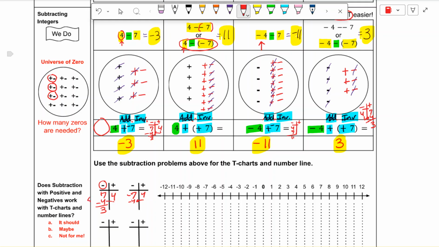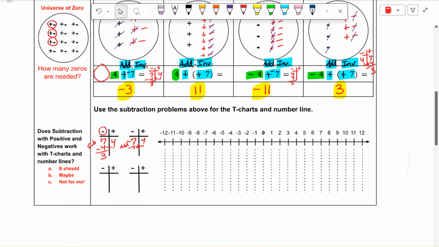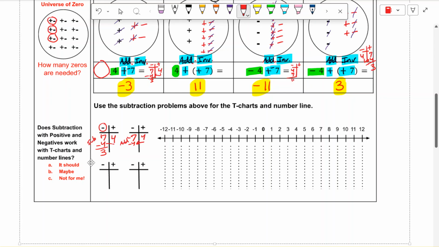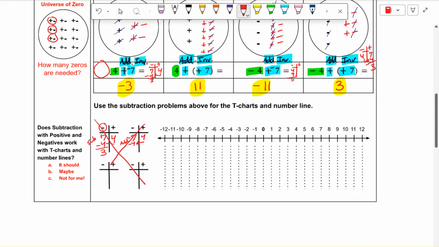Over here we subtracted, and over here now we have to add to get the right number. That doesn't make sense, because when we cross that line, it just doesn't seem like it's working very well. Like one way it's one and another way it's another. So it looks like T-charts aren't going to be very helpful when we are subtracting. They only help when you are adding. Thank goodness for the additive inverse, right?